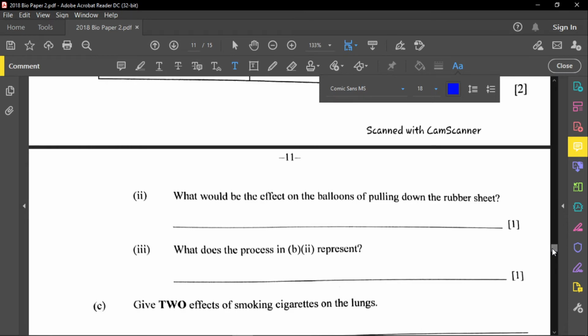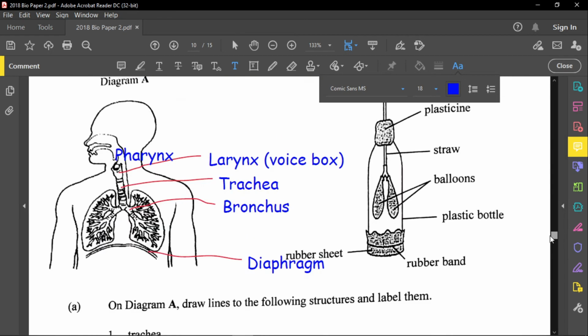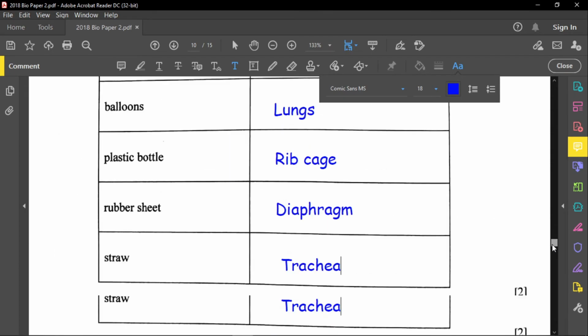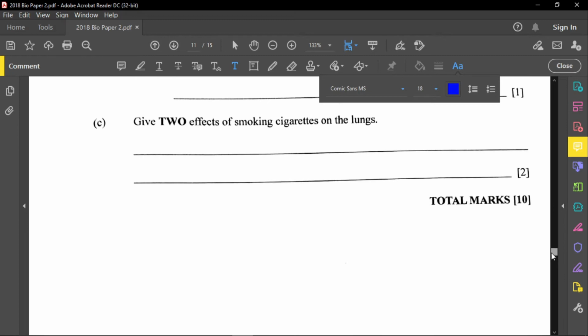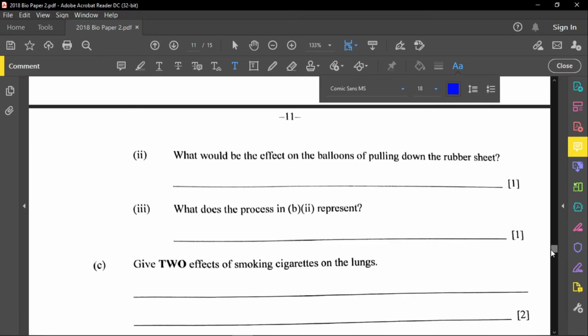It said, what would be the effect on the balloons of pulling down the rubber sheet? By pulling on it, it causes the air to move down into the balloons, so the balloons will become inflated. So what does the process in B2 represent?